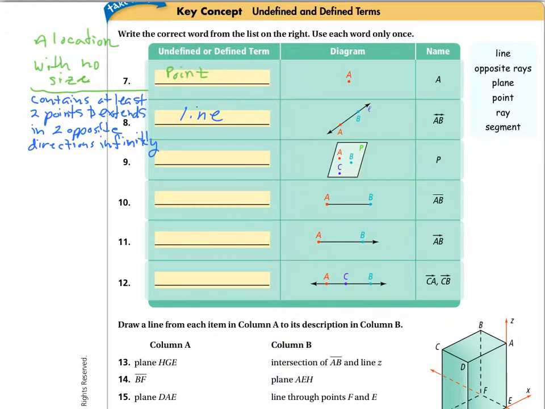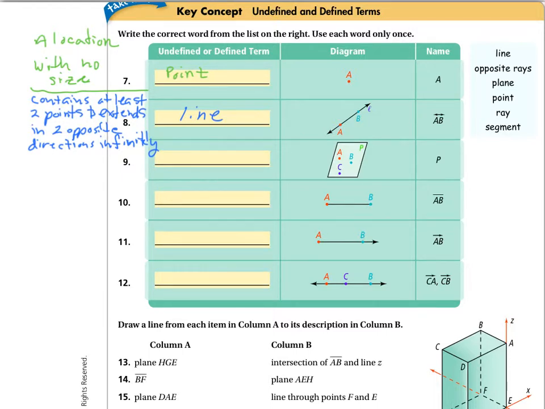So it contains at least 2 points, and you can see the 2 points on this line are A and B, named with capital letters, and extends in 2 opposite directions. So here's one direction, here's the other direction, infinitely. And so those arrows just indicate that it never ever ends.